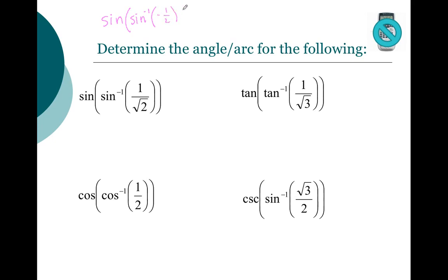Right here, the sine inverse of negative 1/2 is going to be in quadrant 4. So this will be the sine of negative pi over 6. And the sine of negative pi over 6 is negative 1/2.